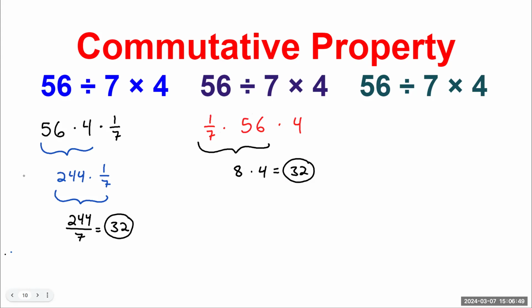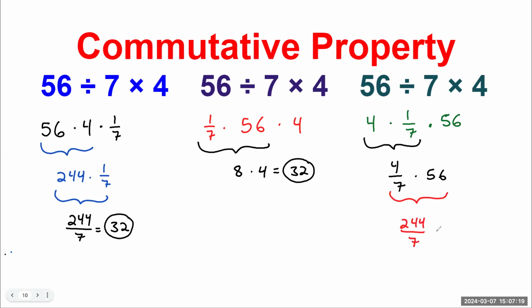And then one last time on the right-hand side of your screen, let's place the 4 out in front, the 1/7 in the middle, the 56 on the end, and 4 times 1/7. This is going to start looking very familiar. And 4/7 times 56 produces 244/7. Once again, that quotient is going to give us 32.